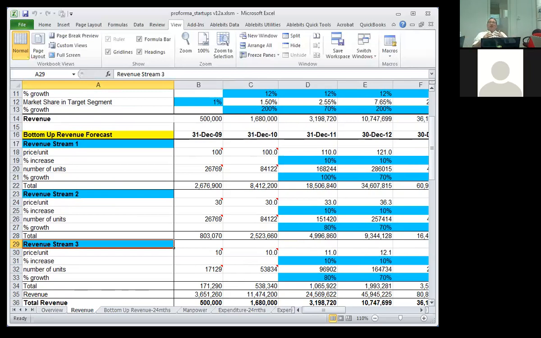What the real world is telling me is nobody gets 3.6 million in revenue in year one. I mean, somebody does, but the percentage of companies that achieve that is vanishingly small. So likely our bottom up is overly optimistic.